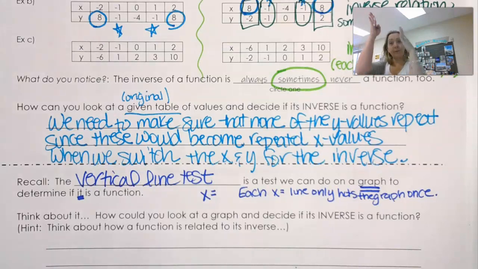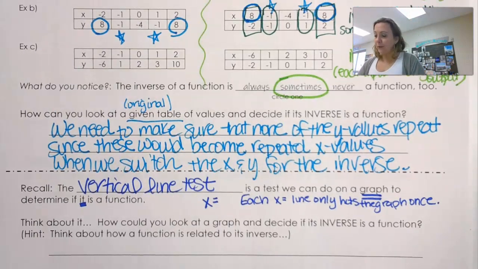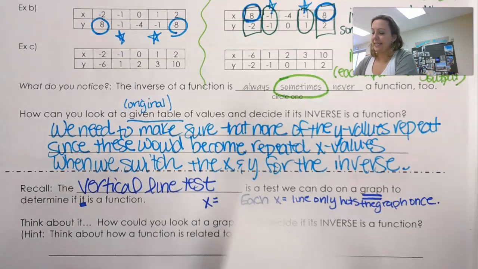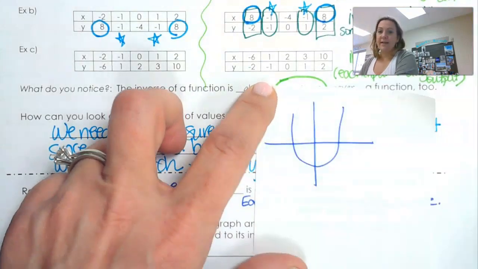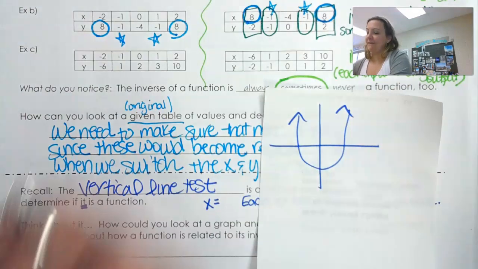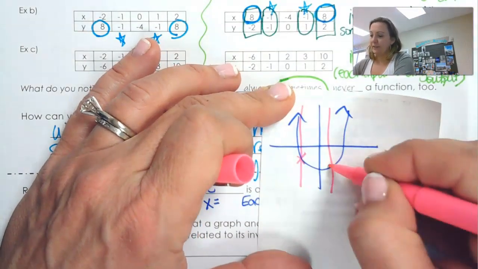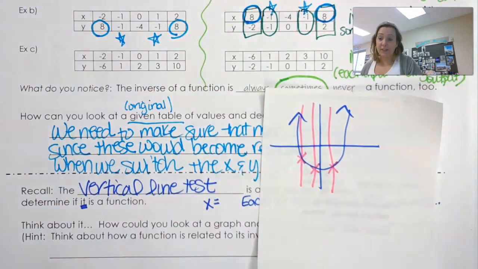So for each input, every x only hits once, okay? If I do the vertical line test on something like a parabola, notice that every vertical line hits only once. This hits only once. That hits only once. That means that it's a function.